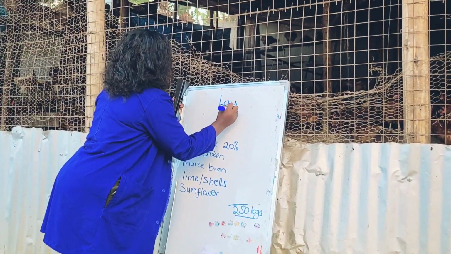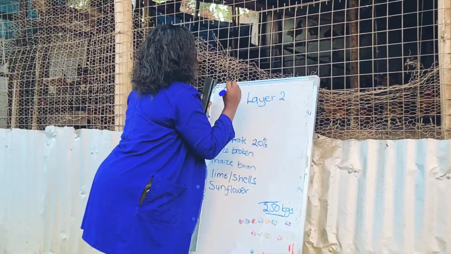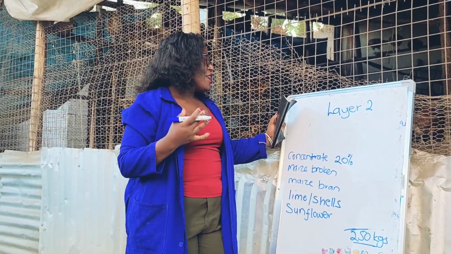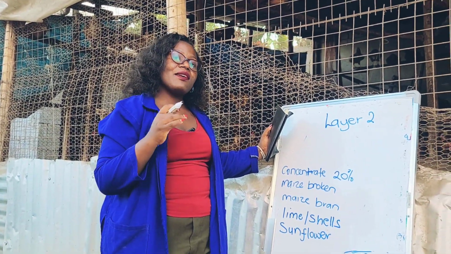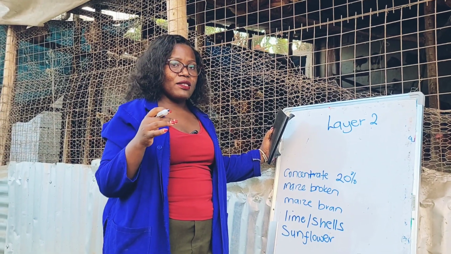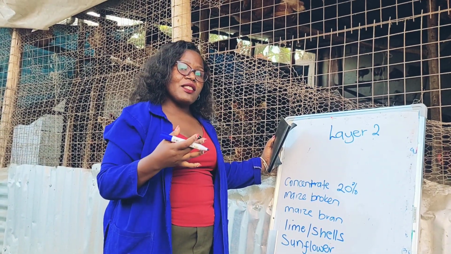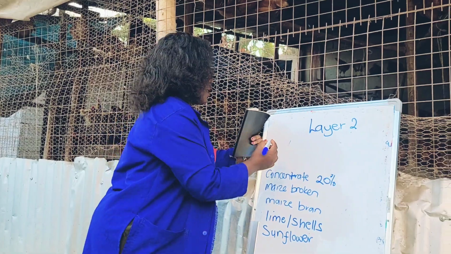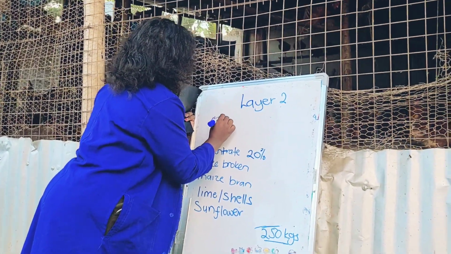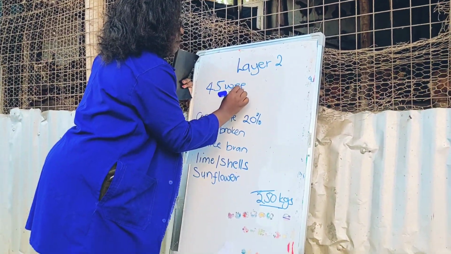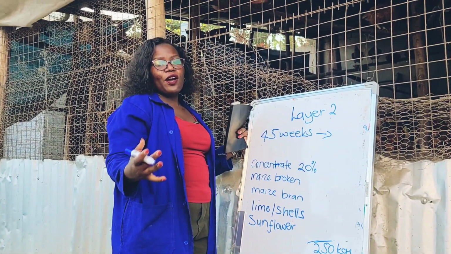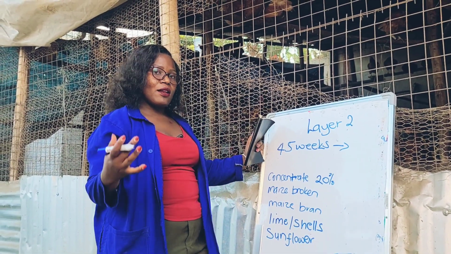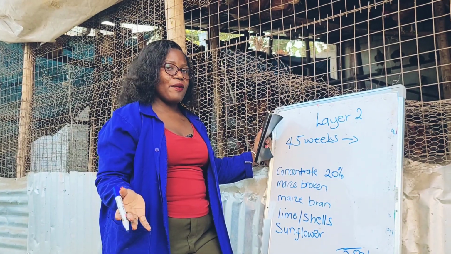So we go to layer 2. So when our birds have reached 45 weeks, we believe that the birds have started growing old. So we need to change their feeding formula. It is from 45 weeks up to when you feel you cannot stay with the birds anymore and you need to offlay them.